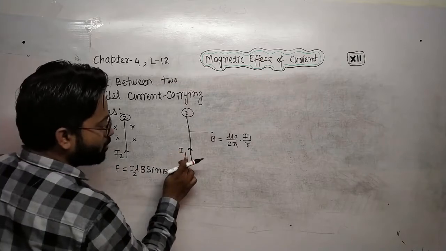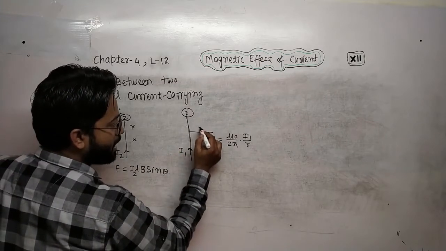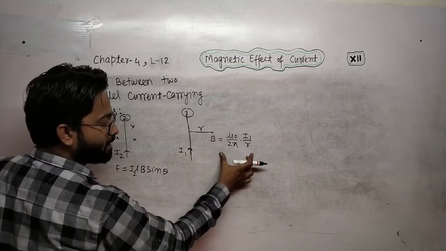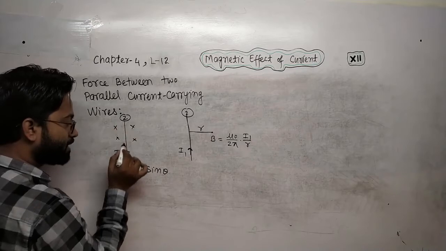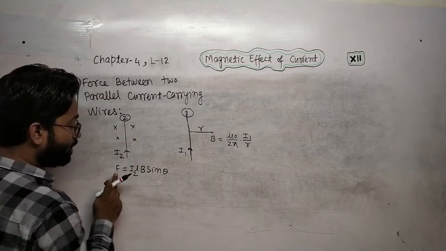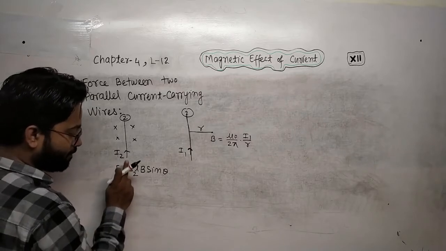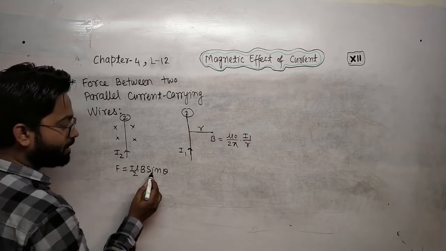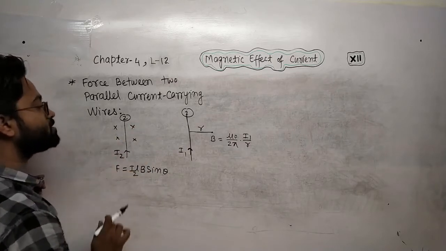Due to this, at that point, at distance R, there is a magnetic field, and if this wire is placed in an external magnetic field, it will experience a force I2 L B sin theta, where B is the magnetic field in which this wire is placed.